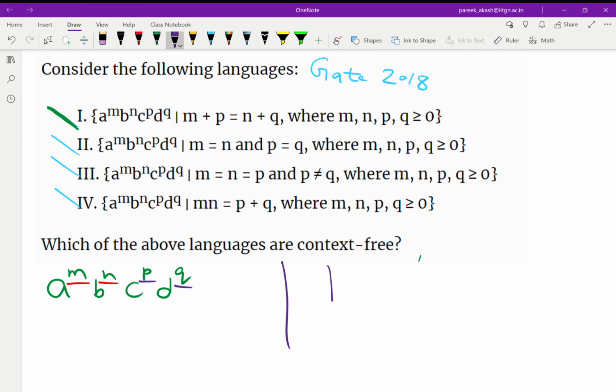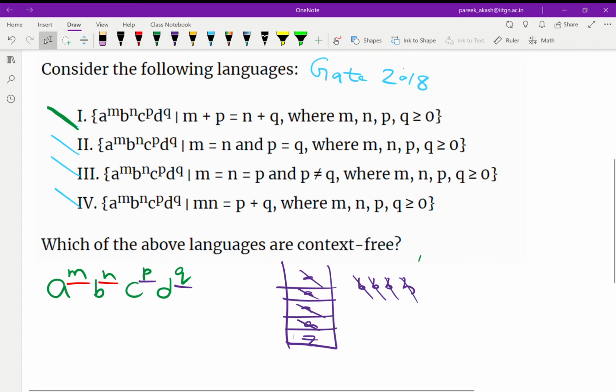First, we take all the a's, we already have a special symbol, and when we see the b's, we pop the a's. In any condition, suppose that we have a b left but we don't have any a left, then we can conclude that it is not a context free language.